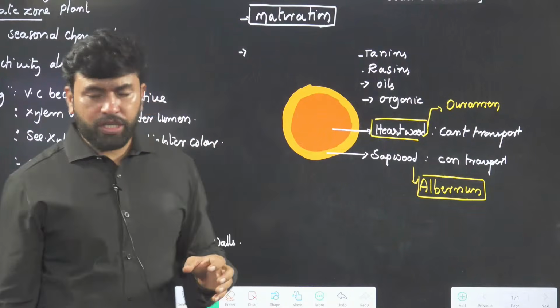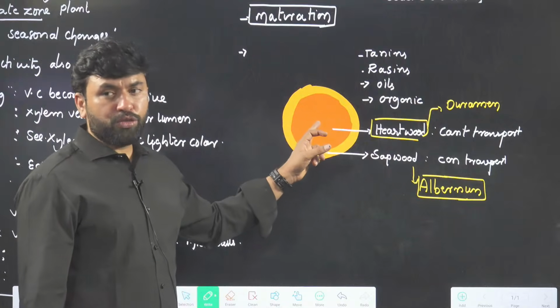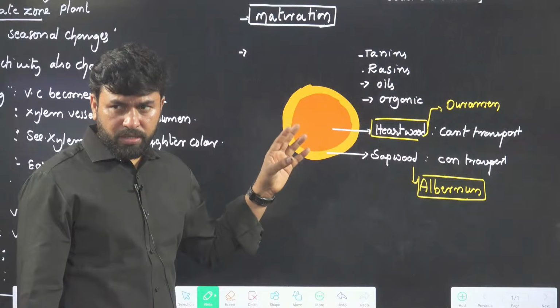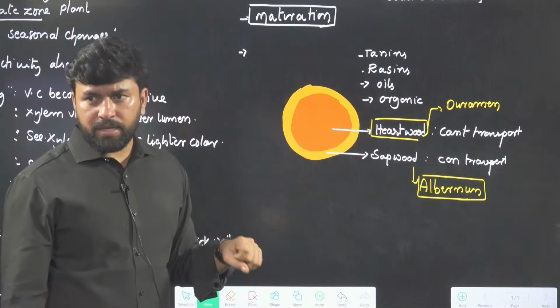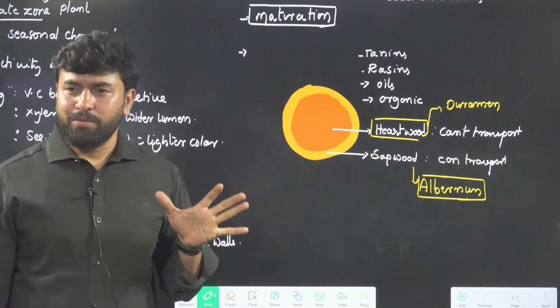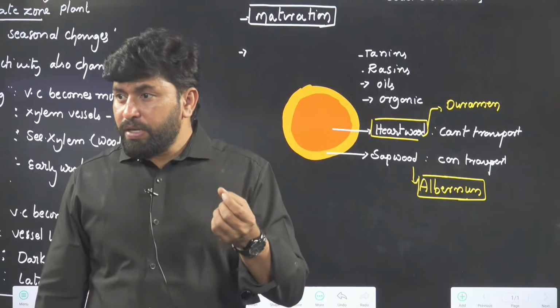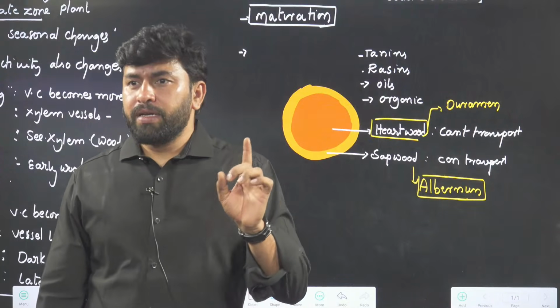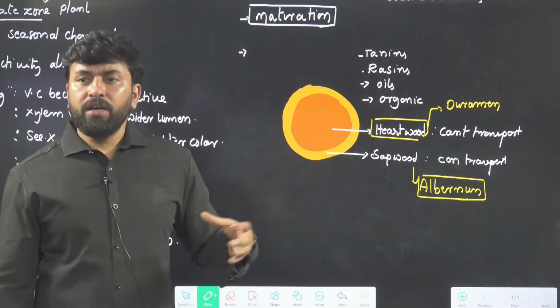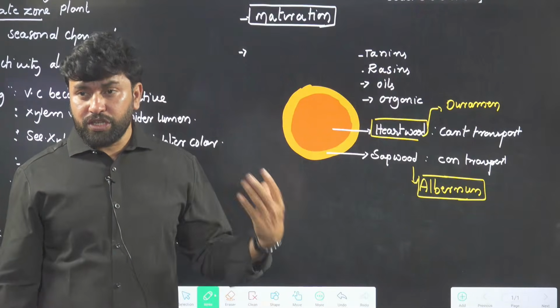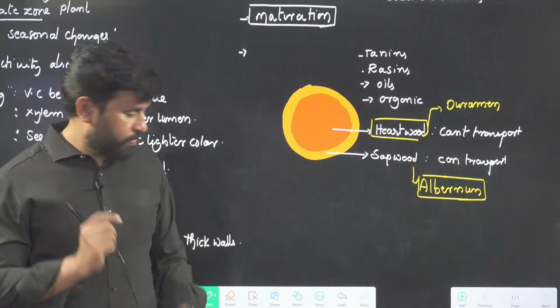Be careful, I have seen many students confused, thinking heartwood is nothing but autumn wood. No. Heartwood is a different criterion of development and sapwood is a different criterion of development. This is a mode of maturation or physiological growth. That is a mode of environmental changes. This is about wood. Next.